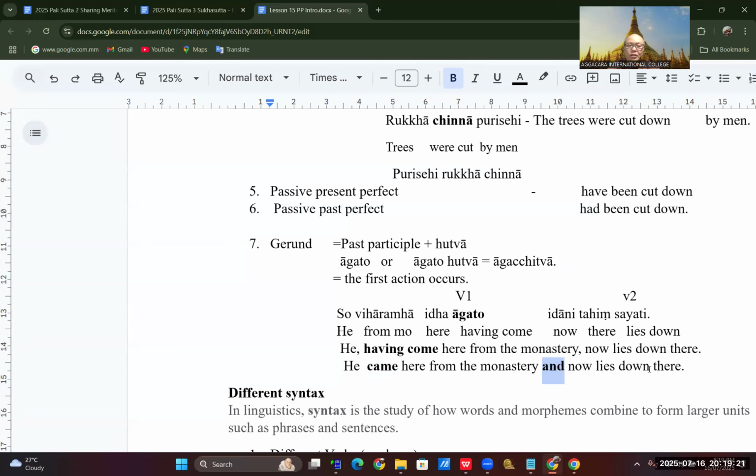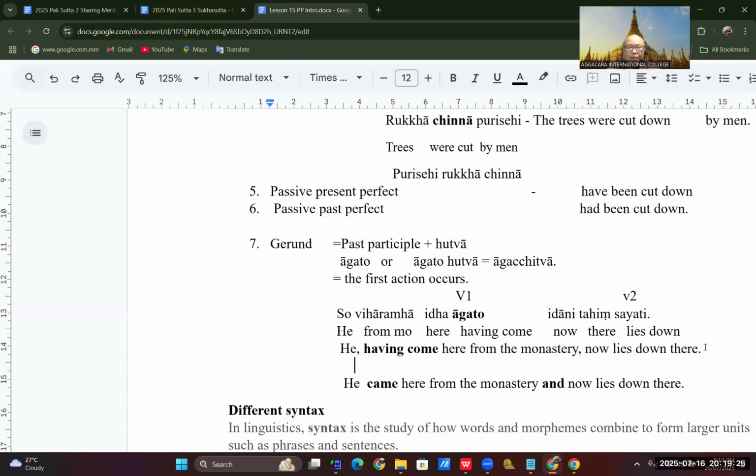So three ways, because the past participle is implied.